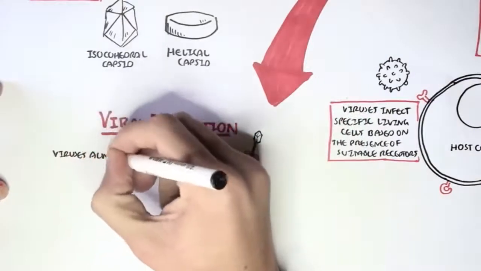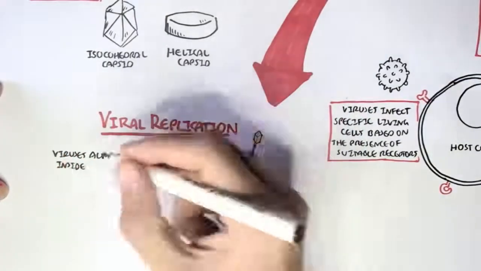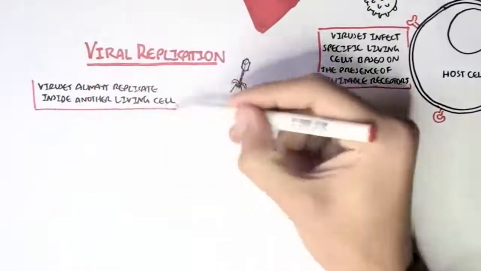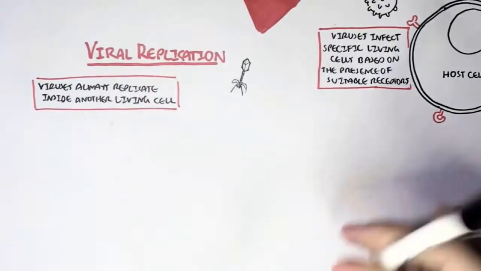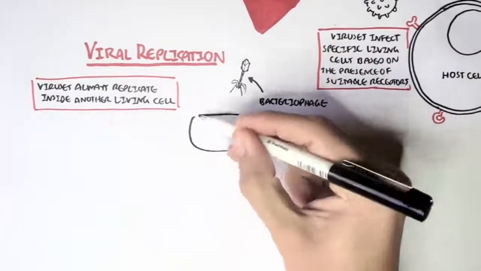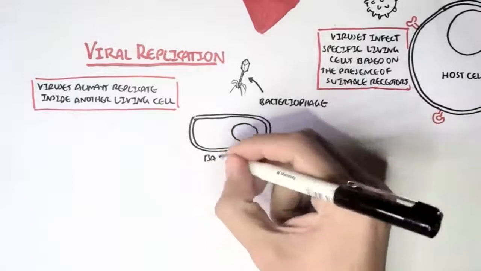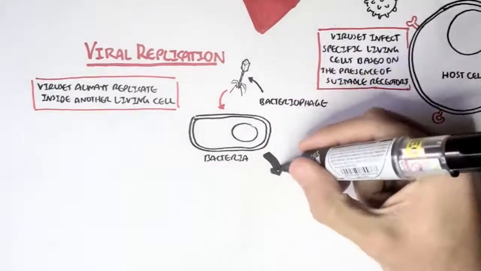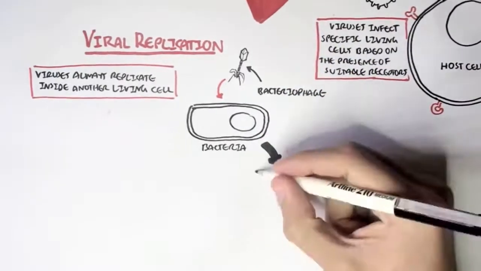We have to understand that all viruses, not only the bacteriophage, always replicate inside another living cell. In this case, a bacteriophage will infect a living bacteria, a living cell, and will replicate inside the bacteria. And this will result in different pathways. Now let's have a closer look.